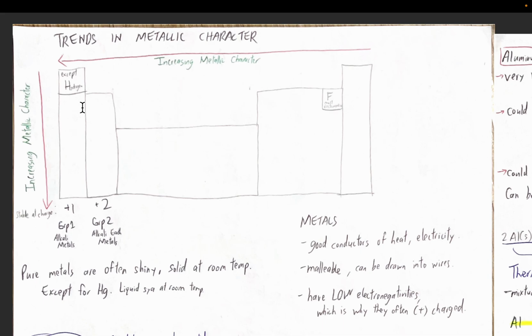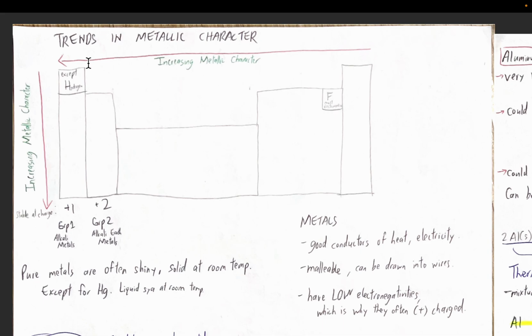Okay, so it is confirmed. Metallic character is described to be the trend going down and going left. Basically, geographically speaking, you're going southwest. It is said to be directly proportional to the electropositivity of an element.